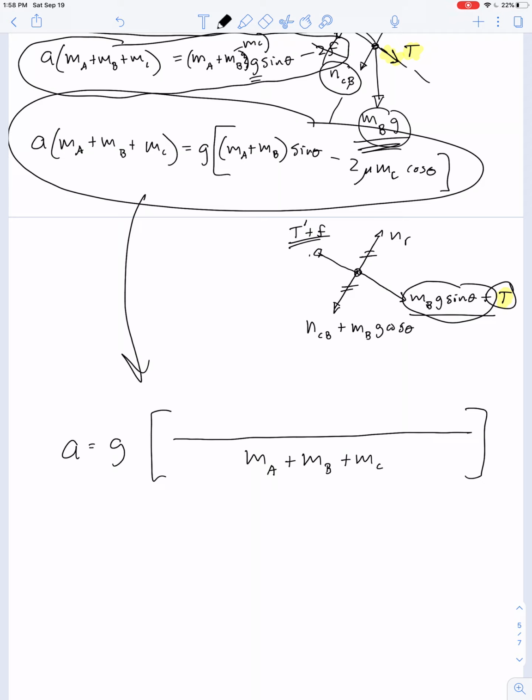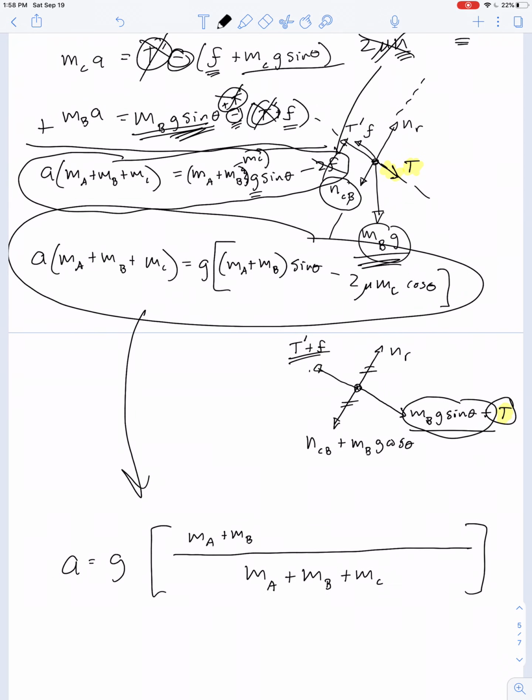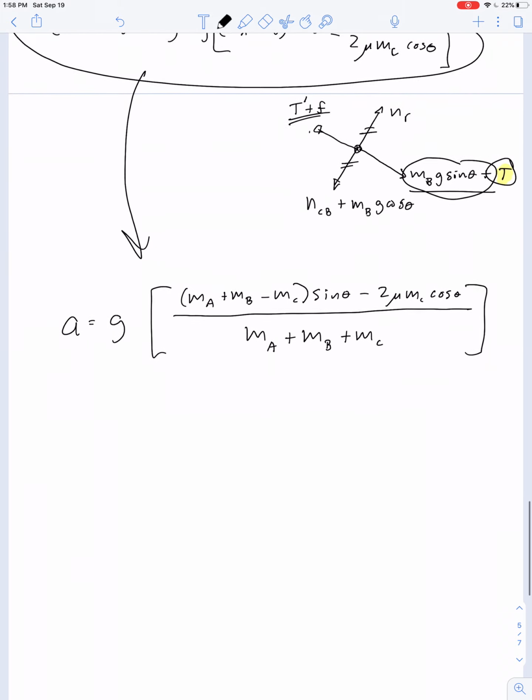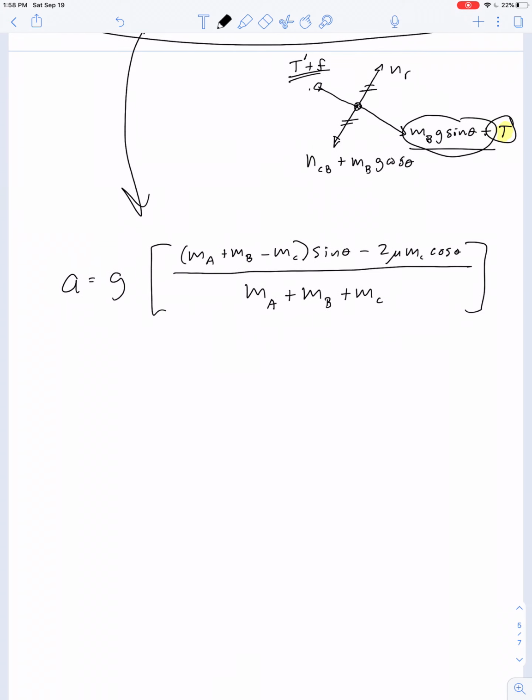And in the numerator, MA plus MB, oops, I forgot my minus MC, minus MC, all multiplied by sine theta, minus 2 mu MC cosine theta. Okay, so A is equal to G.